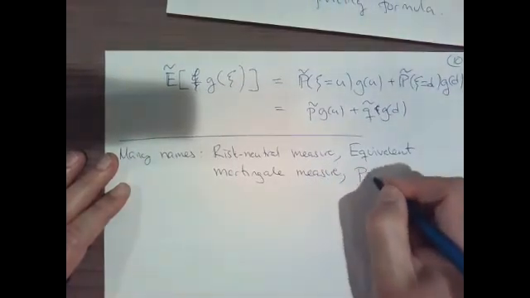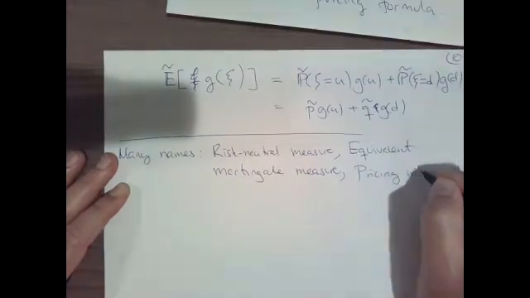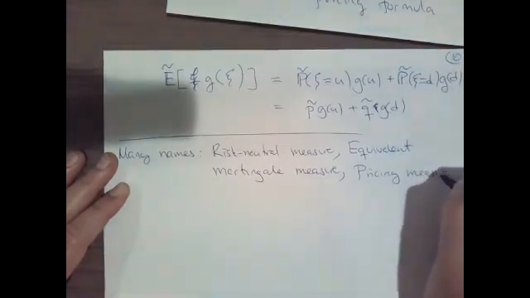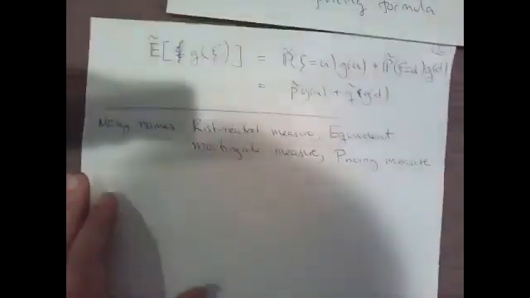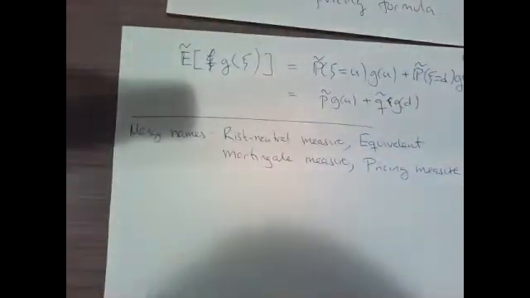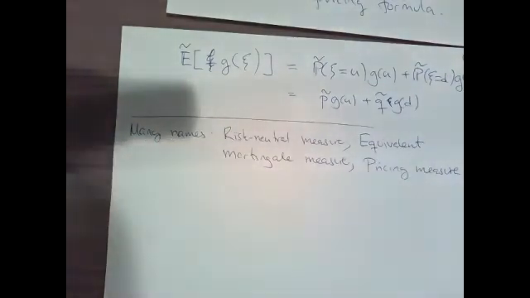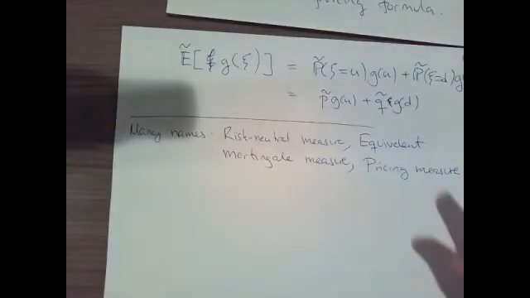It's also called a pricing measure. So here are at least three names for the same object. I'm saying this because different textbooks, different professors, will call it different things. It all means the same as this measure here.